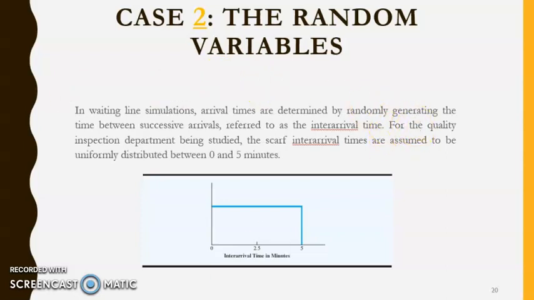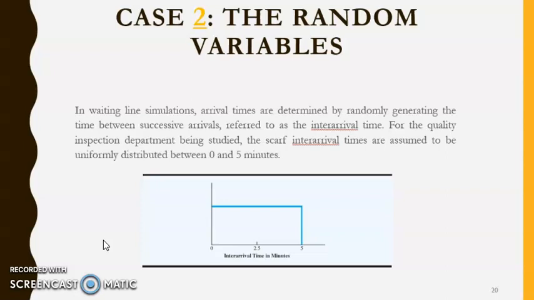It says, for the quality inspection department being studied, the one that we want, the scarf inter-arrival times are assumed to be uniformly distributed between 0 and 5 minutes. Since it is uniformly distributed and continuous, you don't need to learn another probability distribution.